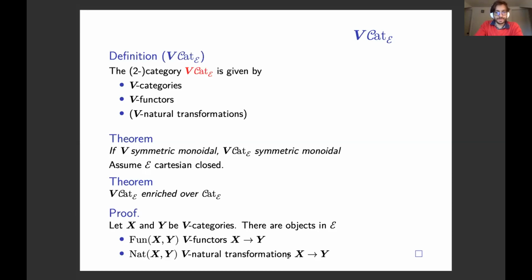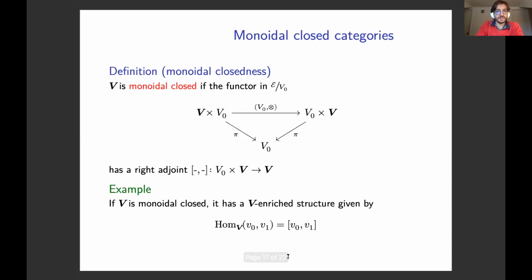So to get any further, we need to assume that our enriching category is monoidal closed itself. And we need to give an internal definition of monoidal closedness, which is the usual existence of adjoint functors.